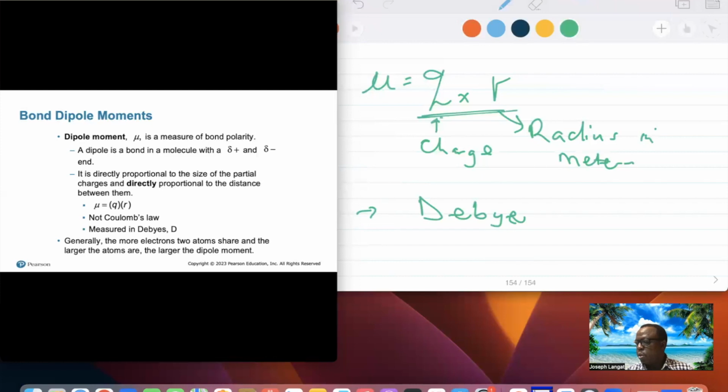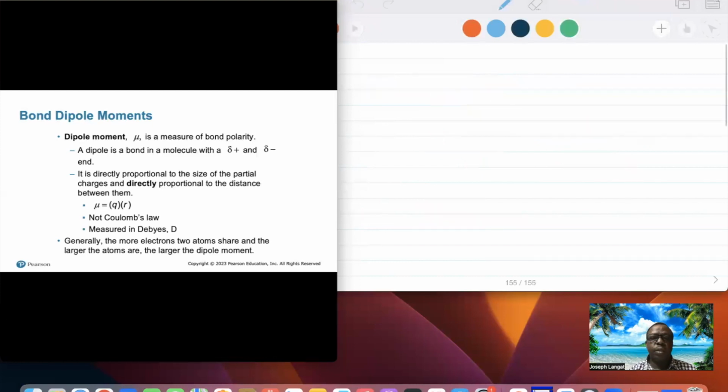So this is how to determine to what degree the electrons are shifted towards the more electronegative element in a molecule.